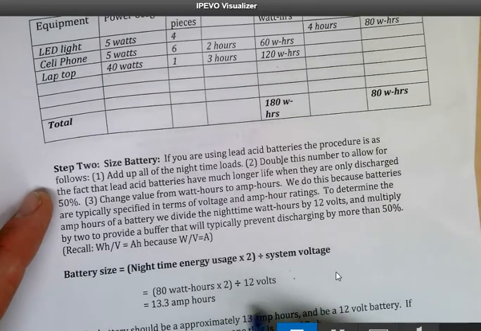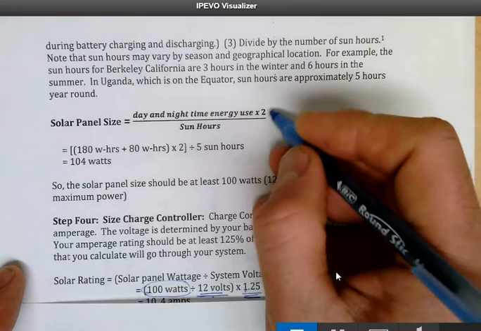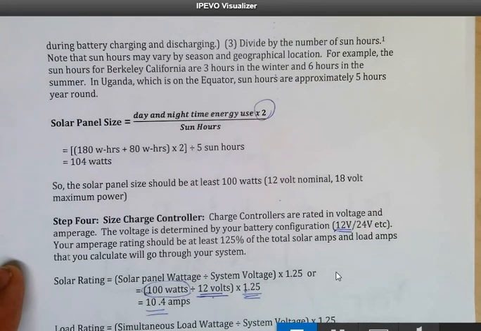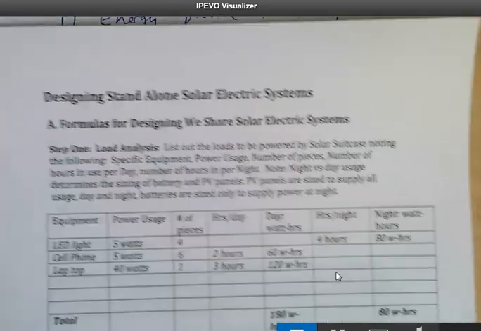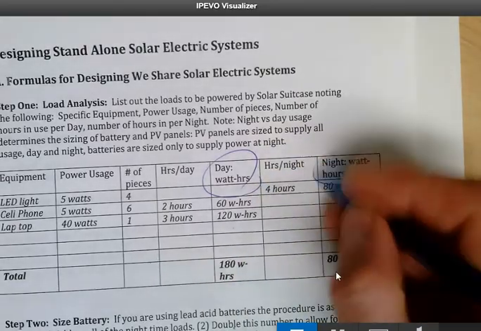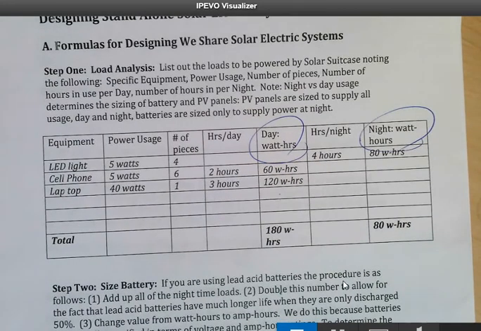For example, the battery size one is multiplied by a factor of 2, the panel size is also multiplied by a factor of 2 but for a totally different reason, and then the solar rating is also multiplied by its factor, right? Those are the key things here. You've got daytime loads and nighttime loads, and you're thinking about those two different things. The worksheet is going to walk you through all that step by step.